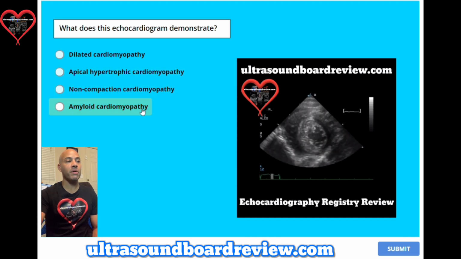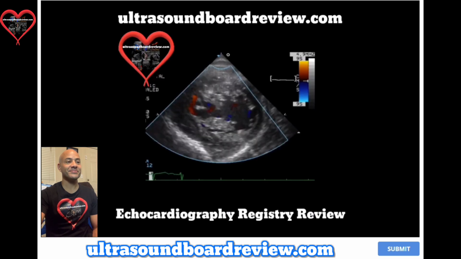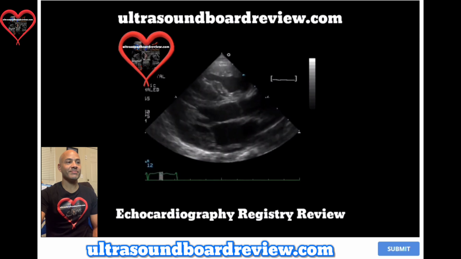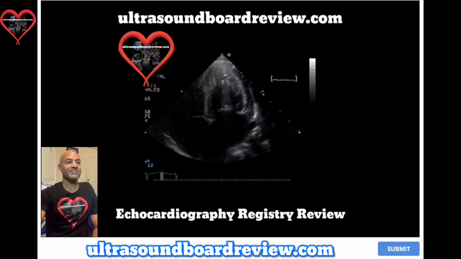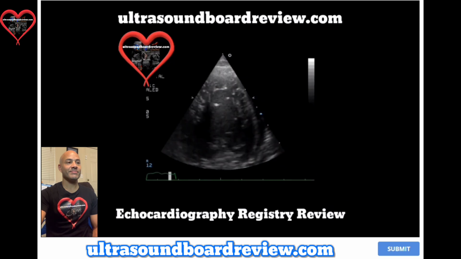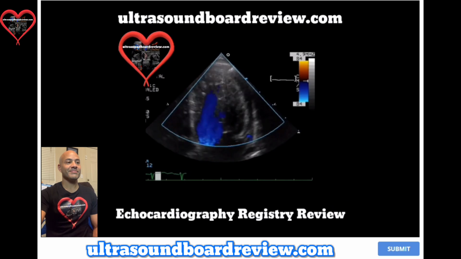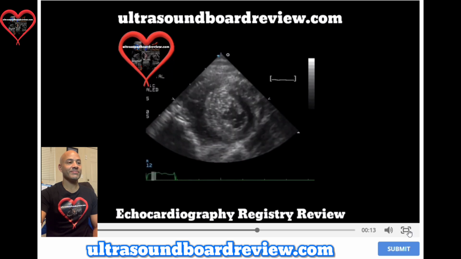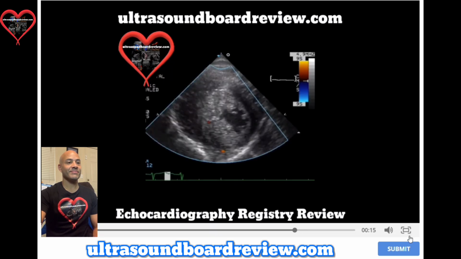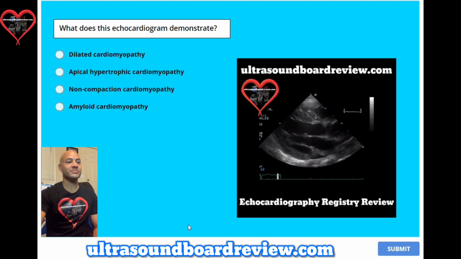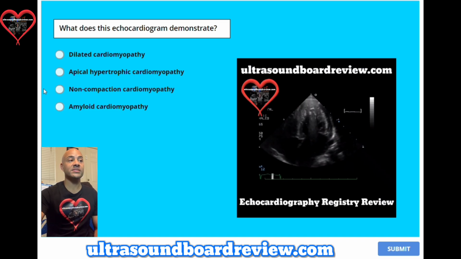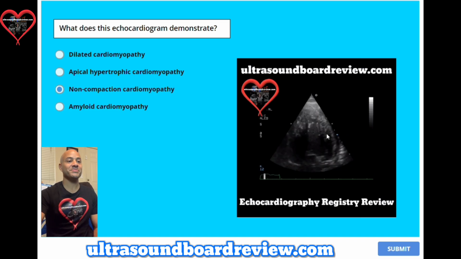Or D, amyloid cardiomyopathy. The answer is C, non-compaction cardiomyopathy.